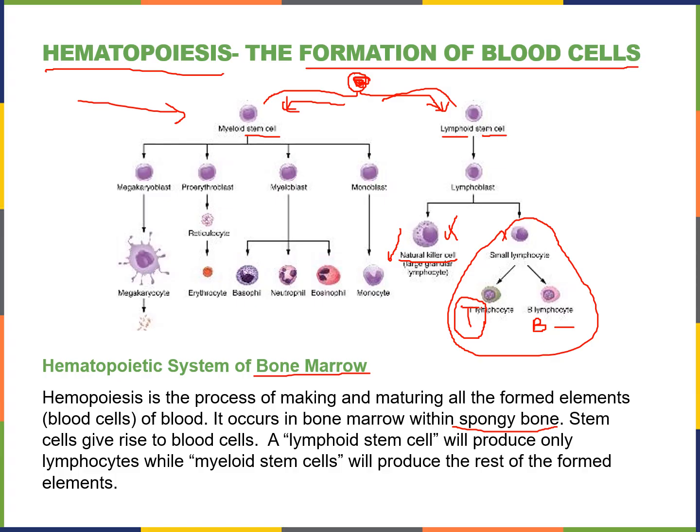Neither do these. So these are the final differentiated cells from the stem cell that went in a different direction, matured in a different direction, a different lineage, the myeloid stem cell. And these various intermediates, do not try to memorize them. That's not the expectation at this level, but it's just to show you that it's a process.